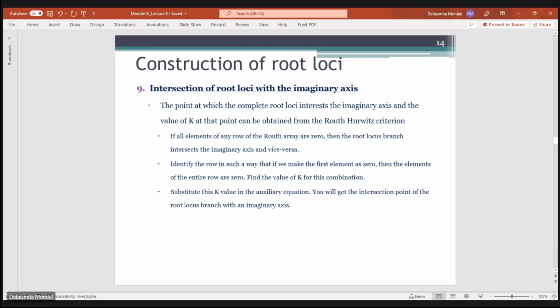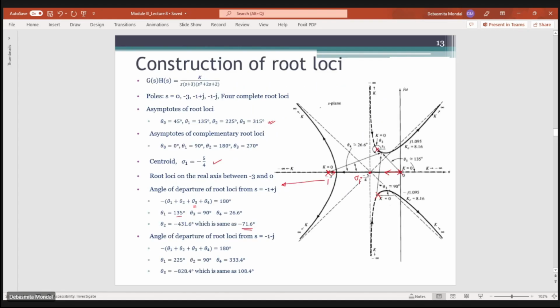Now you see that the root locus which is starting from this complex pole and going towards infinity is actually intersecting the imaginary axis. The point at which this root locus is crossing the imaginary axis is a point of interest to us.